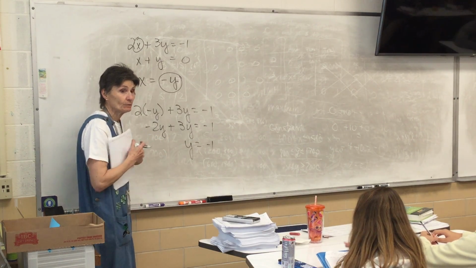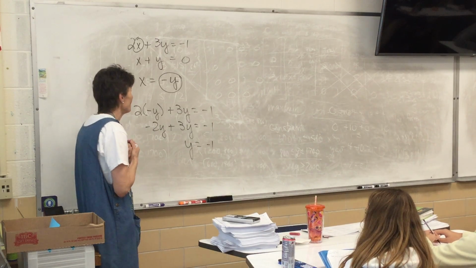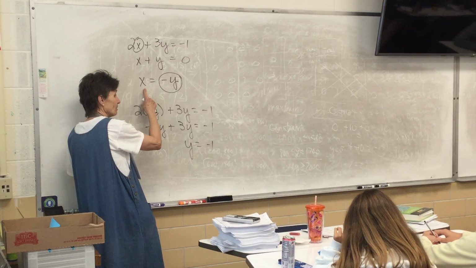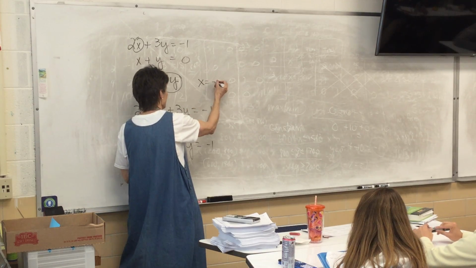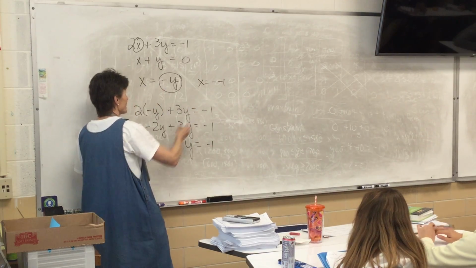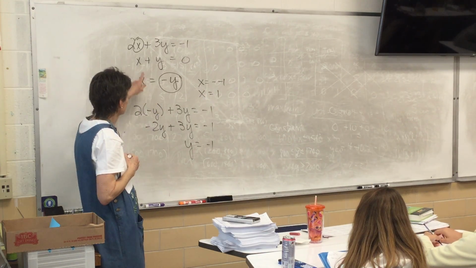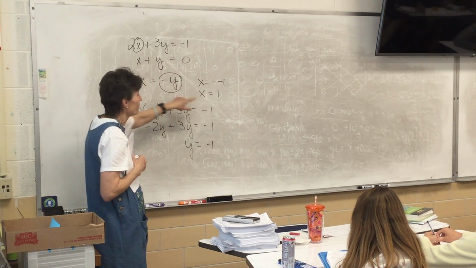And then what do we do? Plug it back in wherever I want. It makes no difference. Plug it back in. If I plug it back in here, it says x equals -1, so I guess x equals 1. If you plug it in here, x plus -1 is 0, so x would be 1.